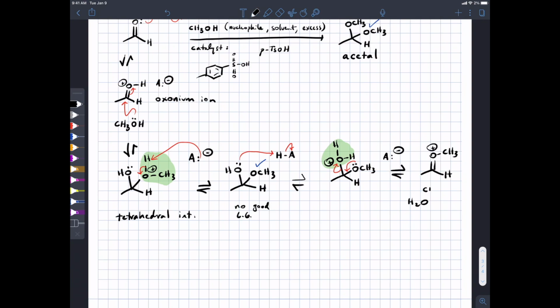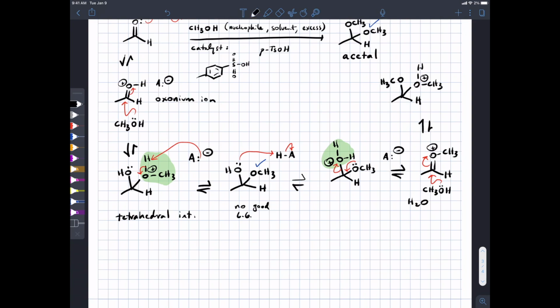If instead we use another molecule of methanol as our nucleophile, that's going to make a new carbon-oxygen bond with a positive formal charge on what used to be the methanol oxygen.